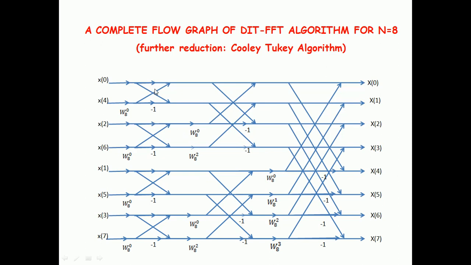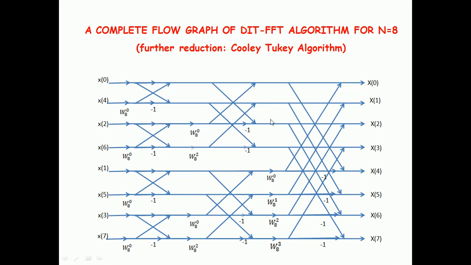Okay, for each butterfly structure, 2 inputs and 2 outputs. So can you see this 2 line joining point? This indicates addition. Okay, each arrow mark indicates multiplication. So how many additions and multiplications are present here? So this is one joining point, 1, 2, 3, 4, 5, 6, 7 and 8.